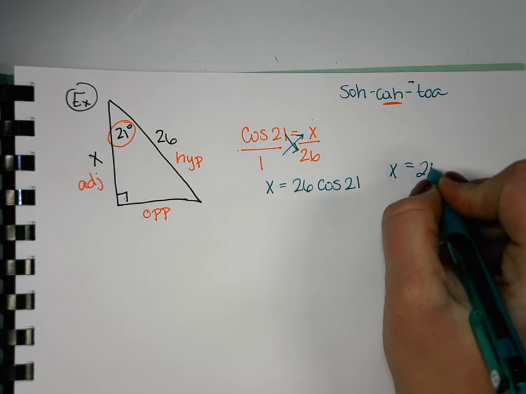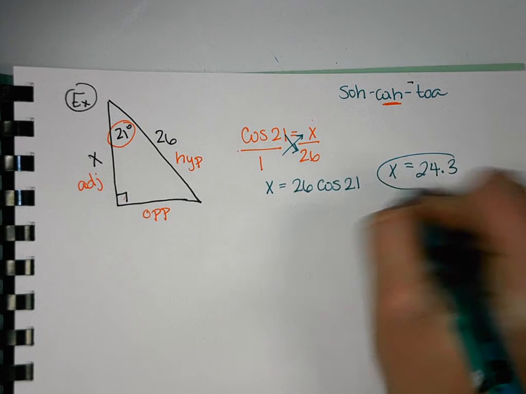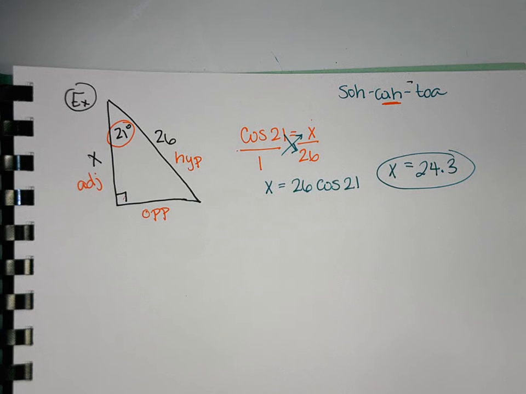Again, is anybody not getting 24.3? I got 18 something. It should be 26 times cosine 21. That's what the numbers say. Anybody else not getting this as an answer?